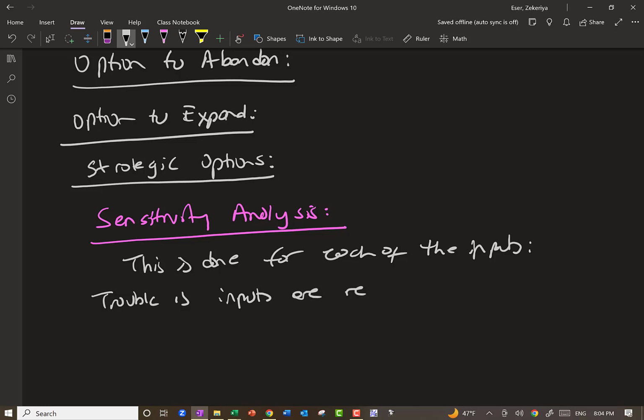Inputs are rarely independent. If you think you can sell more units, more than likely you can also charge higher prices, right? And more units may actually end up costing you less in terms of unit costs. The second type of analysis is called scenario analysis.